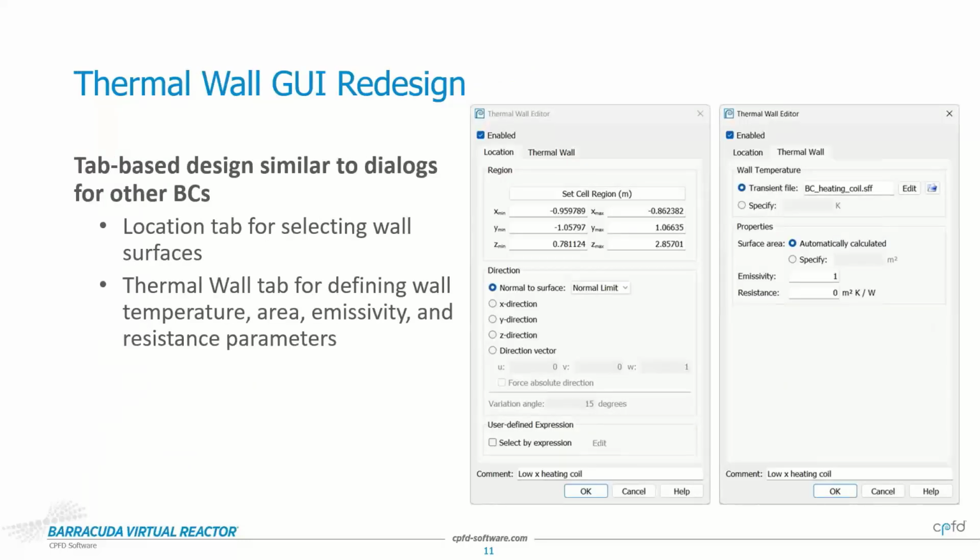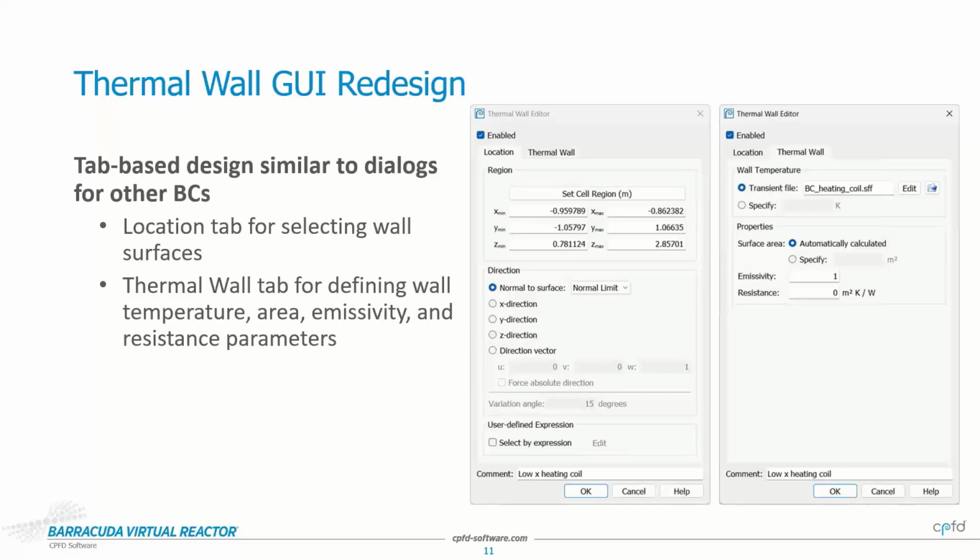Another update we've made for the 25 release is to the thermal wall BC GUI layout. We've ported this to a tab-based design for better organization of the inputs and to be more consistent with other BC dialogues throughout the GUI. The location tab has all the controls for selecting the wall locations where the thermal wall BC will be applied.